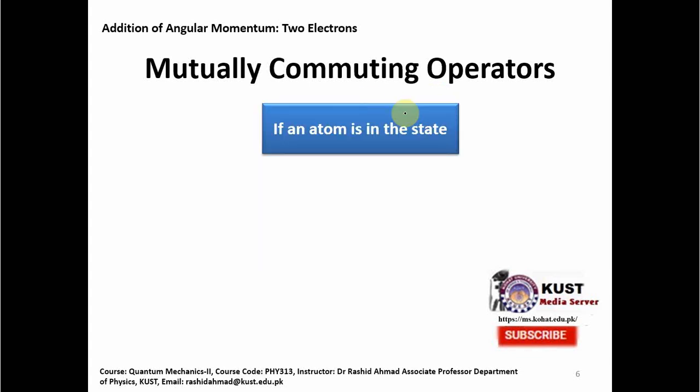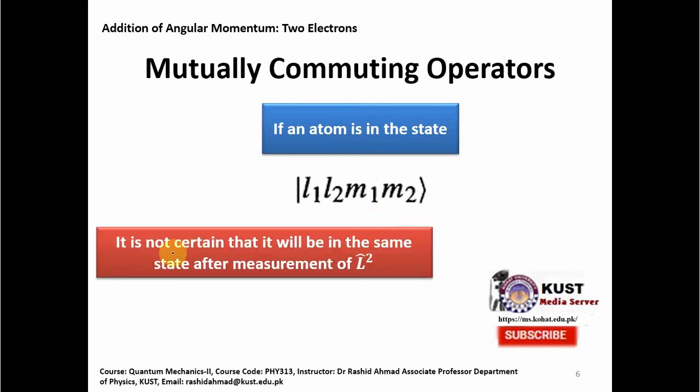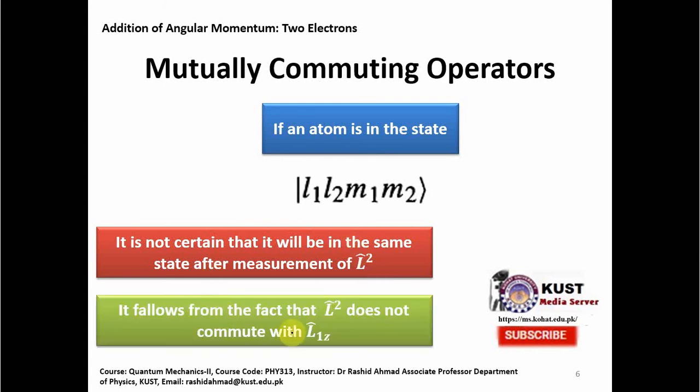Okay, just to elaborate more on this point, if we have an atom in the state, for example this one, L1, L2, M1 and M2, it is not certain that it will be in the same state after measurement of L square. Let's say I bring in the L square. Now, if you remember, L square does not commute with the L1z.